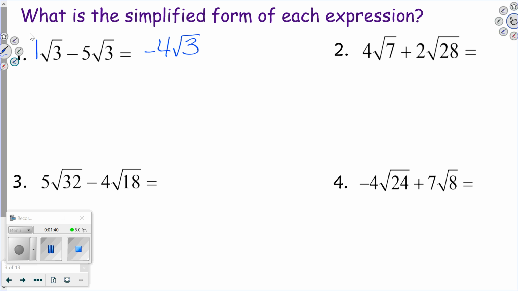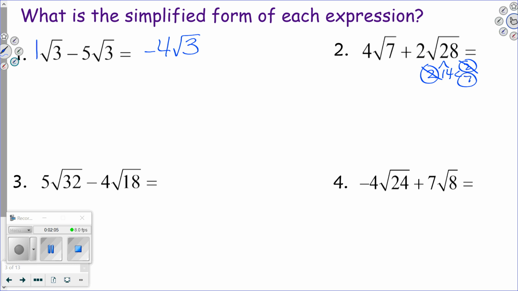Number 2, 4 radical 7 plus 2 radical 28. Can I simplify either of those radicals? When I ask about simplifying a radical, what I'm asking is, if I do a factor tree, do I find 2 of something that I can pull out? Yes, I can. The 7 doesn't do anything, but the 28, that's 2 and 14, and 2 and 7. So I get a pair of 2's.